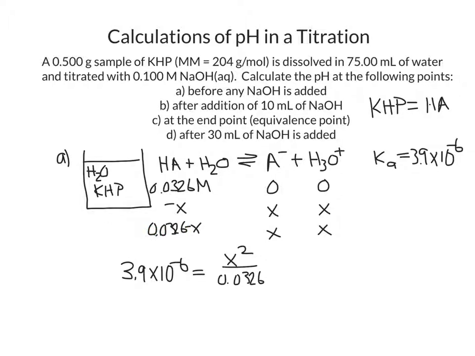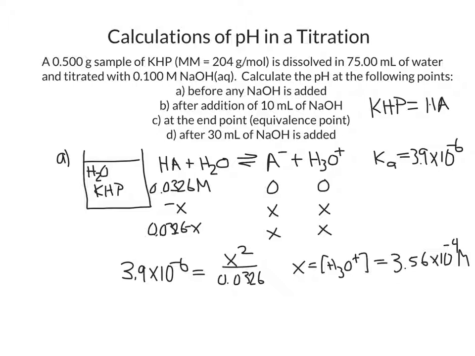I can solve for x in this equation, and I will find that x, which is equal to the H3O+ concentration, is equal to 3.56 times 10 to the minus 4 molar.